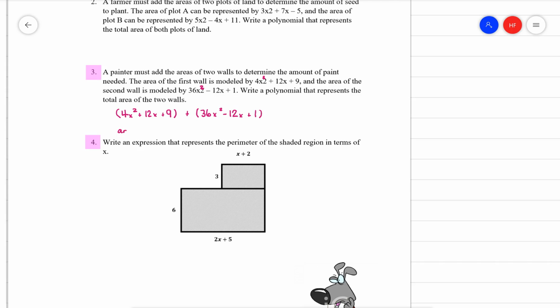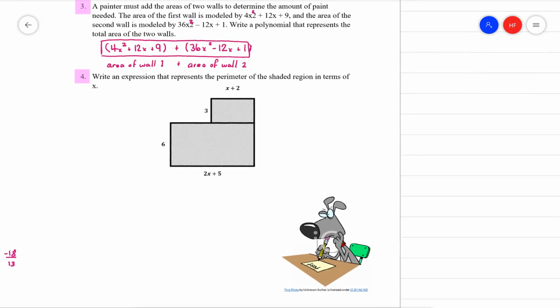We would have area of wall 1 plus area of wall 2. And since it's only asking for us to write the polynomial, we are done on number 3.